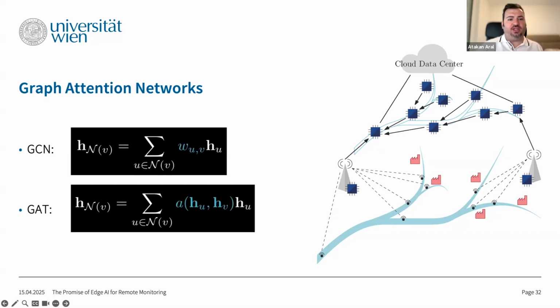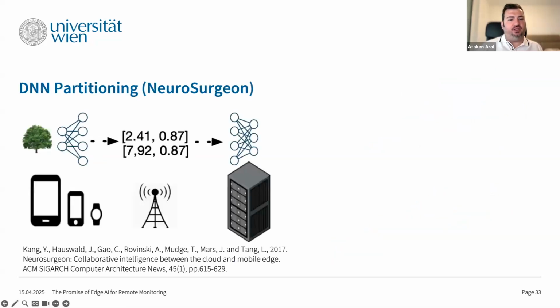So to save energy, as I said, we use two different techniques. The first one is, and by the way, none of these techniques are invented by us. They are available in the referenced papers. The first one is DNN partitioning.